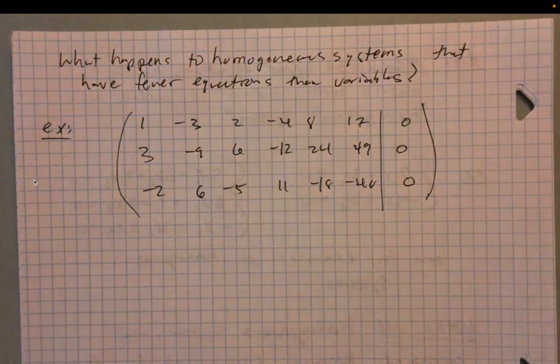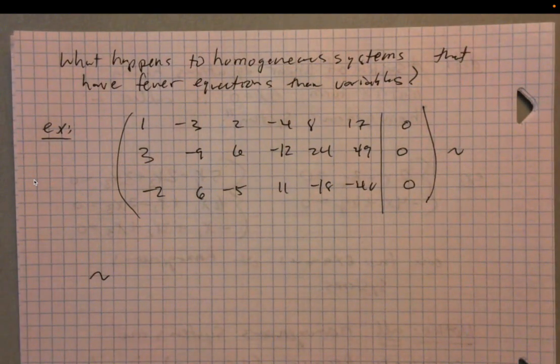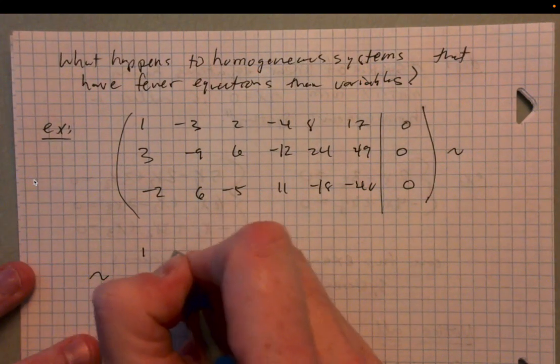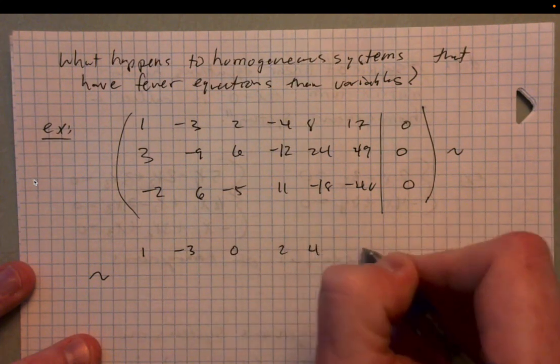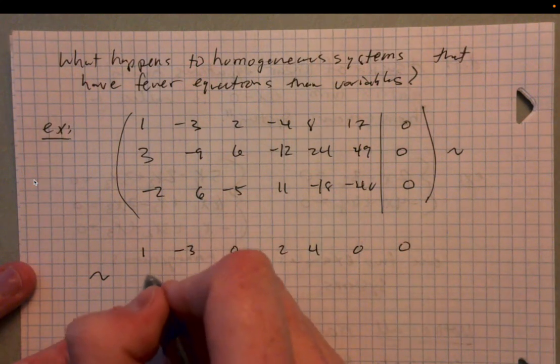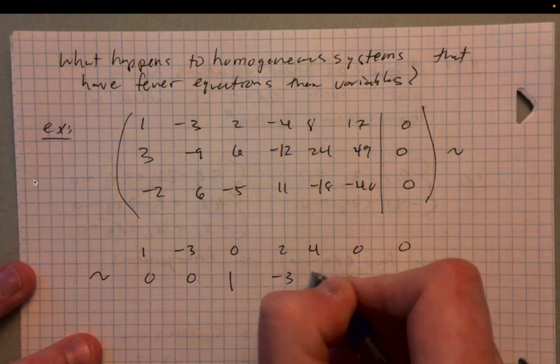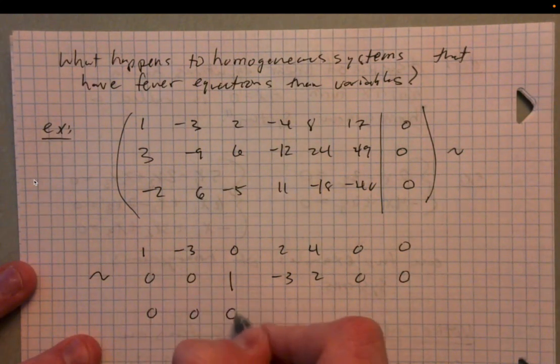So here's a system with 3 equations, but 1, 2, 3, 4, 5, 6 unknowns. Something like this, you could go through the work of putting into reduced row echelon form, but what you get is 1, -3, 0, 2, 4, 0, 0, and then 0, 0, 1, -3, 2, 0, 0, and then 0, 0, 0.